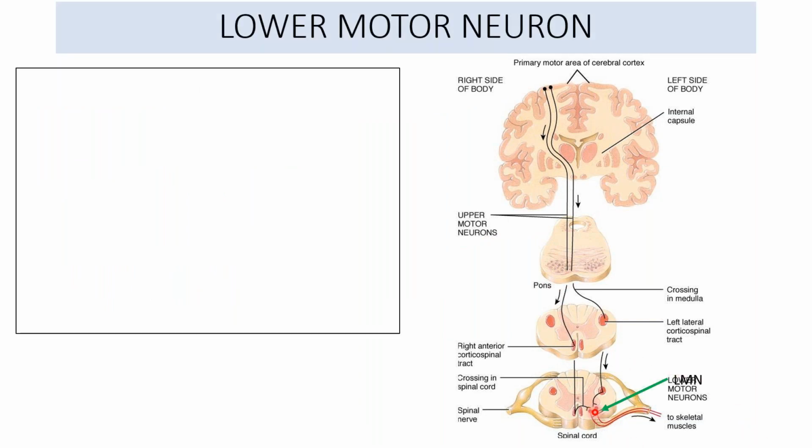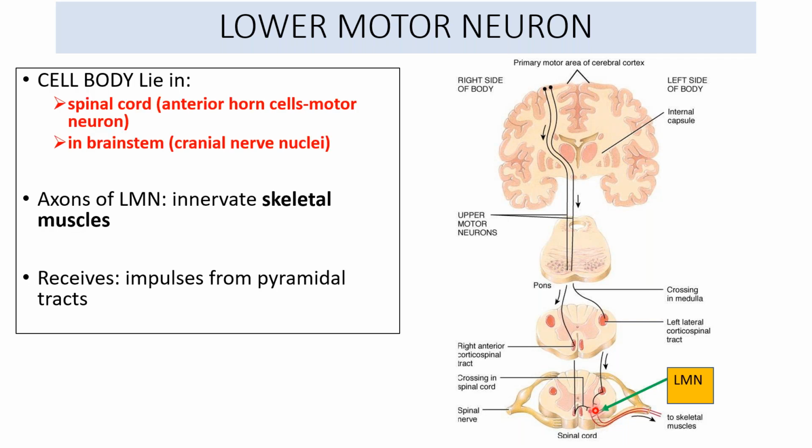Lower motor neurons are the neurons present at the level of the anterior horn cells of the spinal cord. So in case of corticospinal, it will be the anterior horn cells or the motor neuron of the spinal cord. And in case of corticonuclear fibers, it will be the cranial nerve nuclei lying in the brainstem. Their axons are the peripheral processes which reach the skeletal muscle that it is supplying.